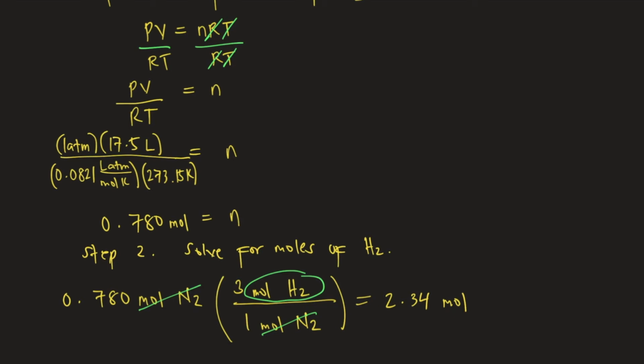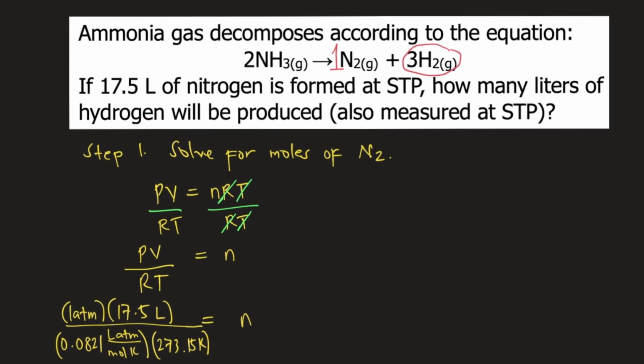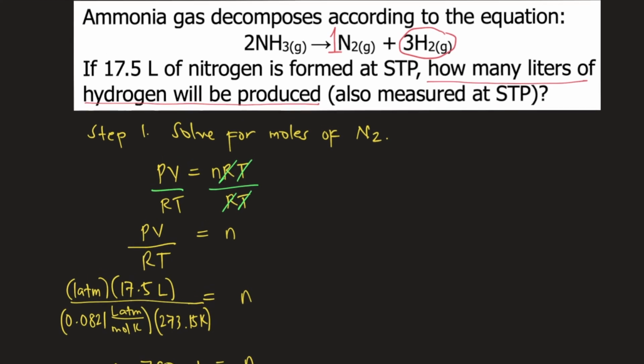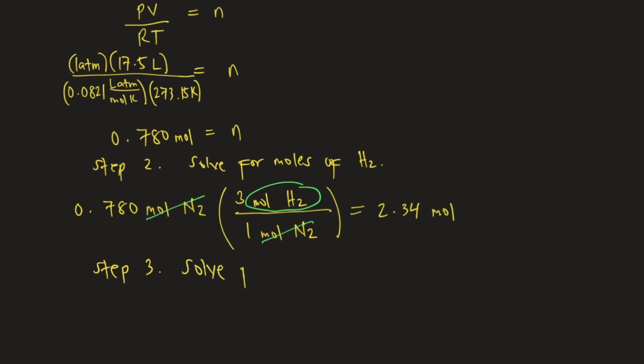Now the question is asking for the following. How many liters of hydrogen will be produced? So it's asking for the volume and also measured at STP. So the final step to solve this question, step 3, is to solve for the volume of H2.